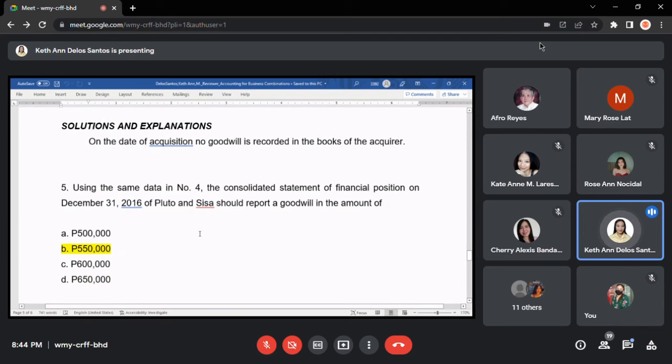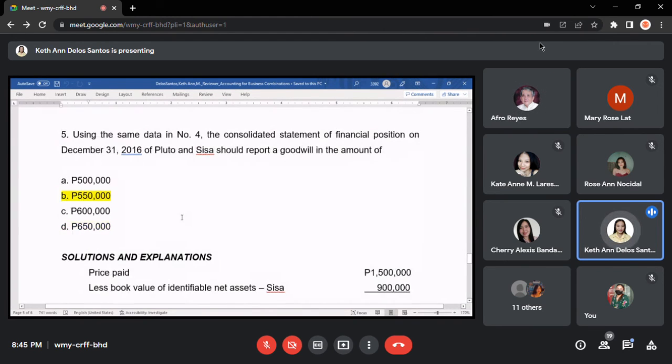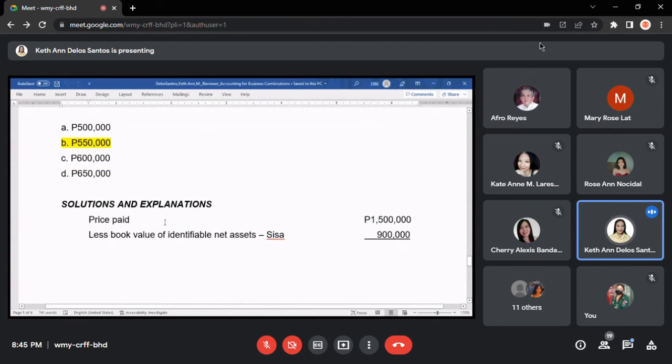Using the same data in number 4, the consolidated statement of financial position on December 31, 2016 of Pluto and CISA should report a goodwill in the amount of A, 500,000 pesos, B, 550,000 pesos, C, 600,000 pesos, or D, 650,000 pesos. Solution and explanation.